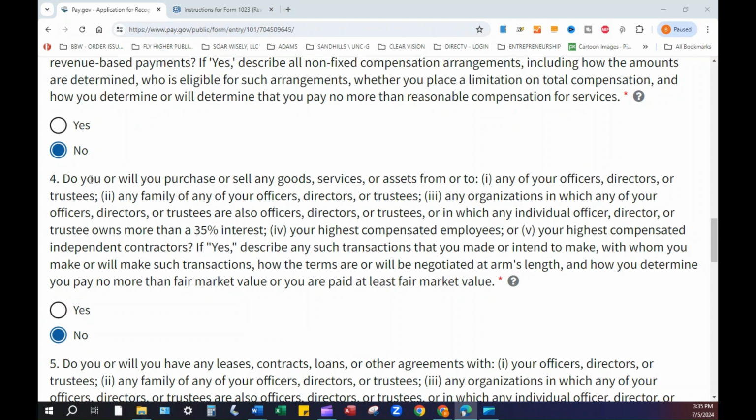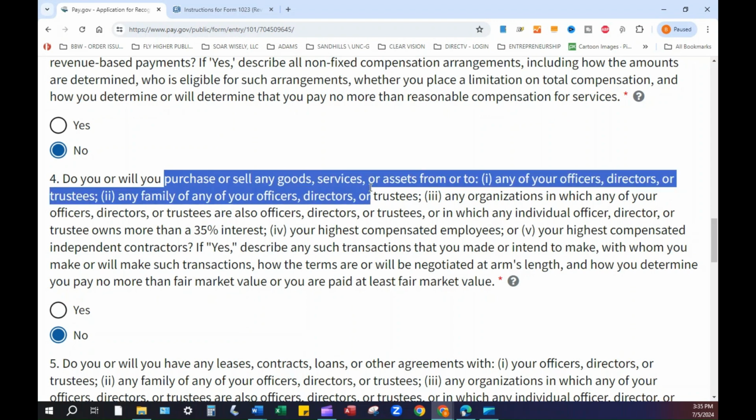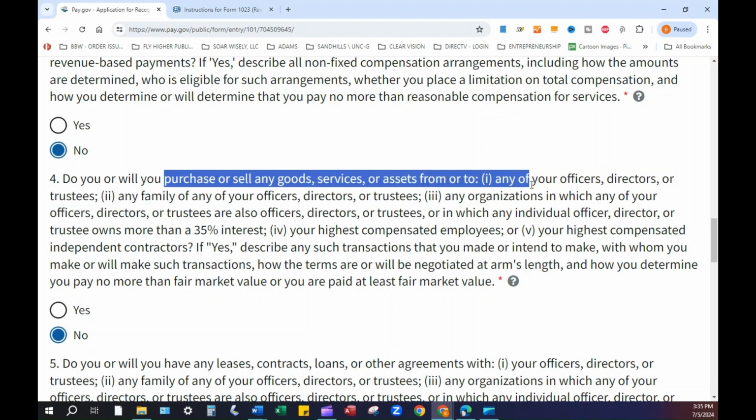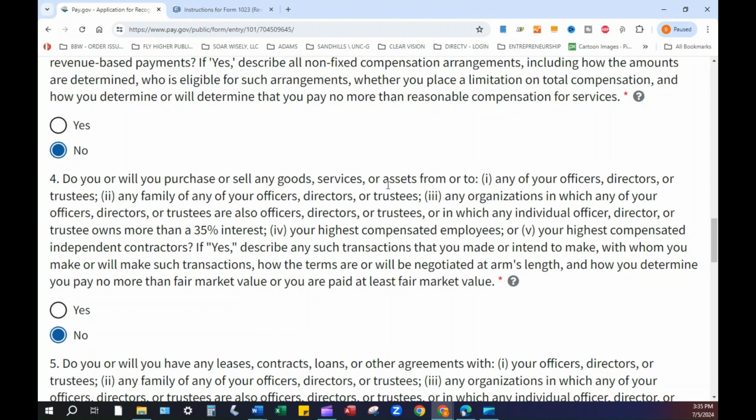And if Pretty Paws Foundation sells any goods or services or assets to or from its officers or directors, in my case, I would be a director. Again, do you or will you purchase from Beatrice Adams Pet Grooming Service?